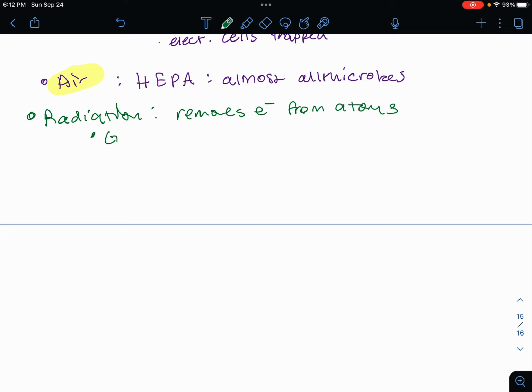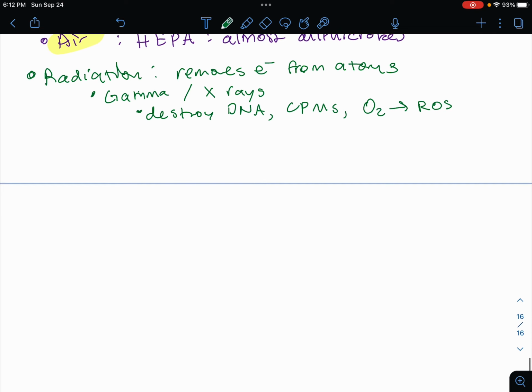Again, gamma rays like the Hulk, or X-rays are used, and these destroy DNA. They damage the cytoplasmic membranes, and they react with O2 to form those reactive oxygen species, which are extremely dangerous. Again, this is for sterilization.